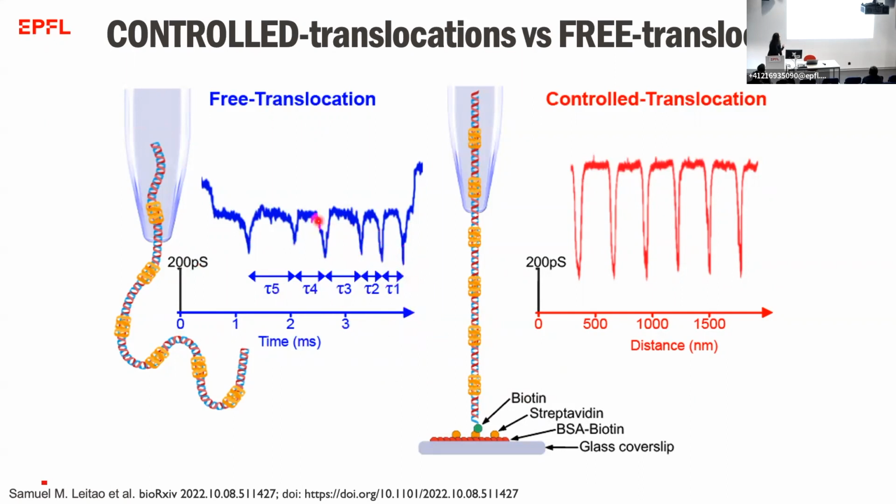Looking now at the free translocation state of the art that our collaborator has, operating in 4 molar lithium chloride, we see the signatures of 6 dumbbells. Because they are translocating freely, there is a temporal variation in when they occur. And although they should topologically be the same structures, they are not modulating the current in the same way. Unlike that, in the controlled translocations, we see a clear improvement in the signal-to-noise ratio. And on top of that, the distance.